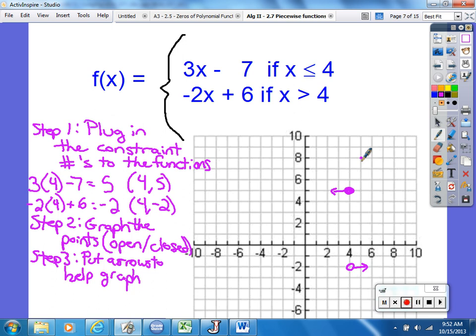No, so what do I actually need to do then? Go down 3 and left 1. I'm going to do that a couple times. Down 3, left 1. Down 3, left 1. Does that make sense? See that point that I accidentally put on? Guess what? I have an eraser. It's gone now. So if you accidentally put a point on, you can always erase it.